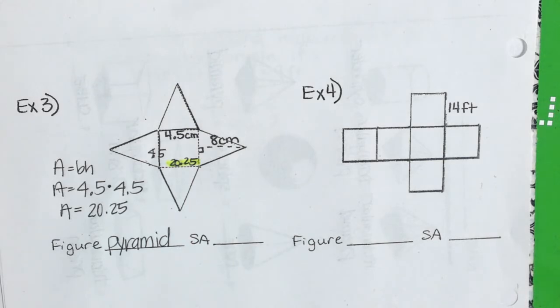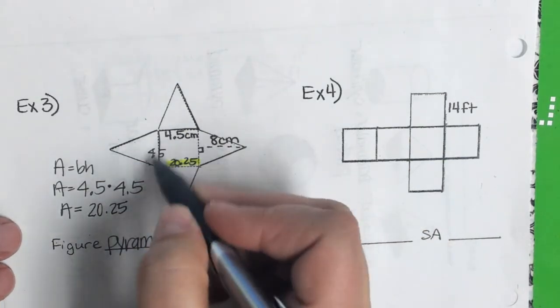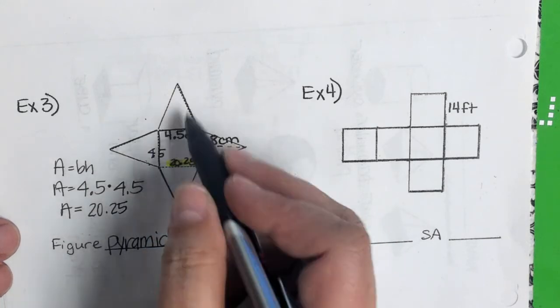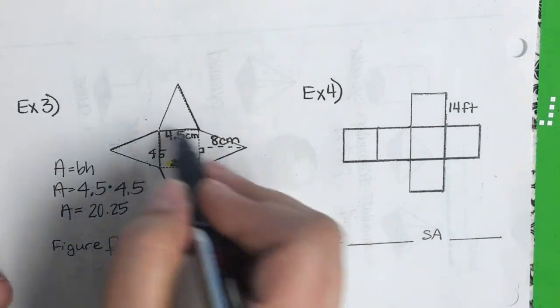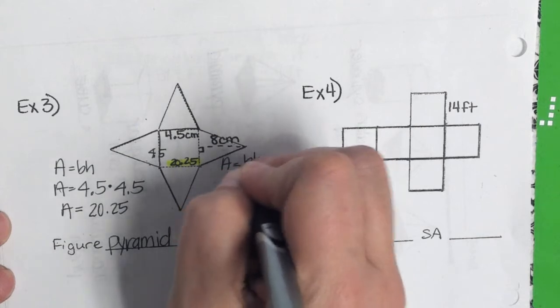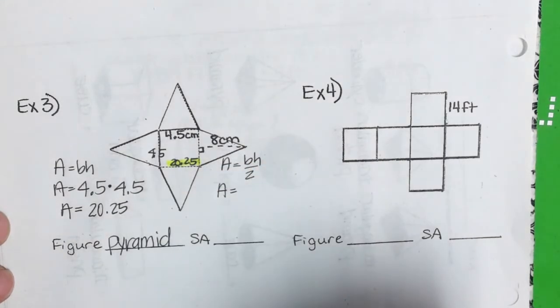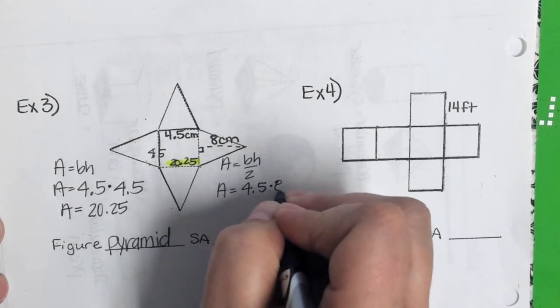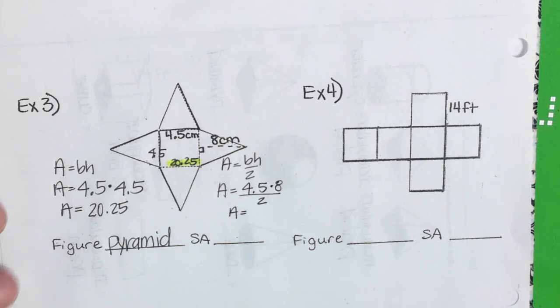Looking at our triangles, anytime you have a pyramid and all of these bases are the same, they all have to meet together at the top, so all of our triangles are the same. So we've got base times height divided by 2. My base is 4.5 and my height is what? 8. So 4.5 times 8, 36, divided by 2, 18.